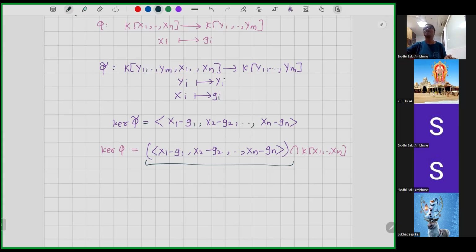So for example, with x going to t square, y going to t power 4, the kernel was generated by x square minus y. Because in that case we had an expression apart from the form x power b minus y power a. So when the GCD of a and b is 1, the kernel becomes exactly equal to x power b minus y power a.